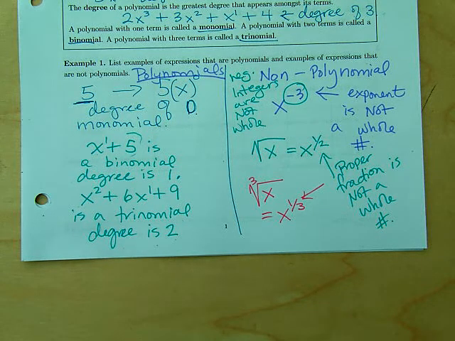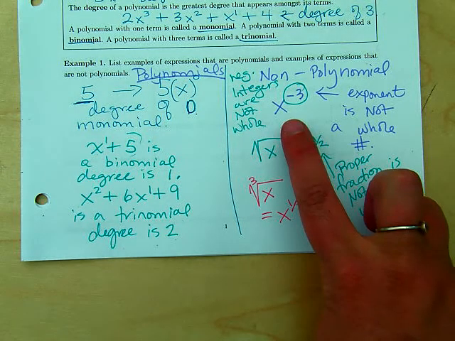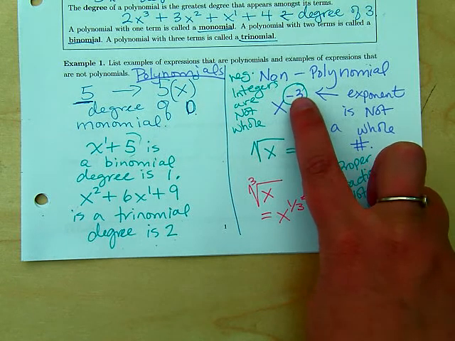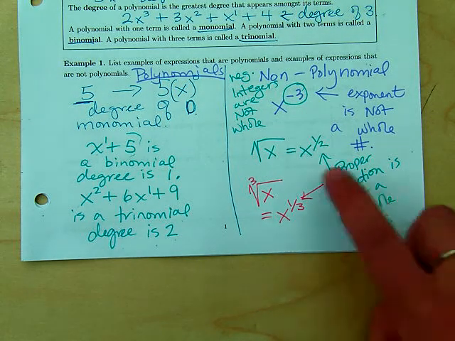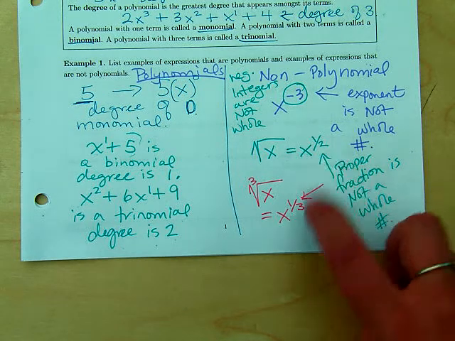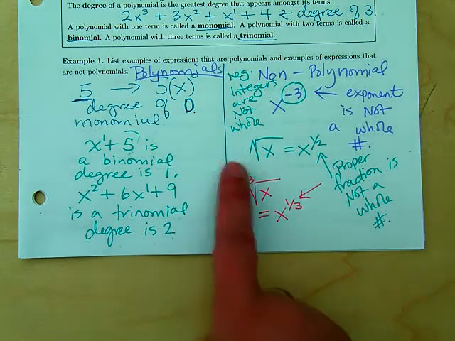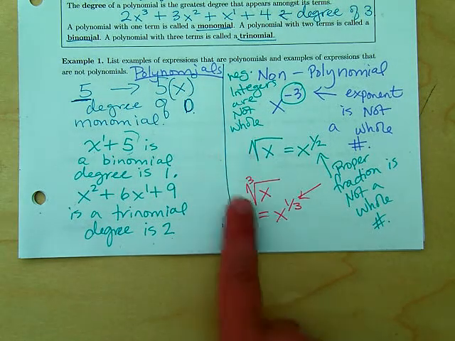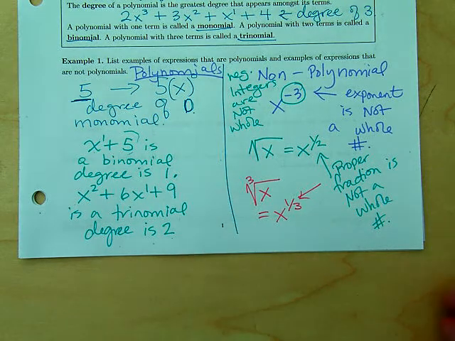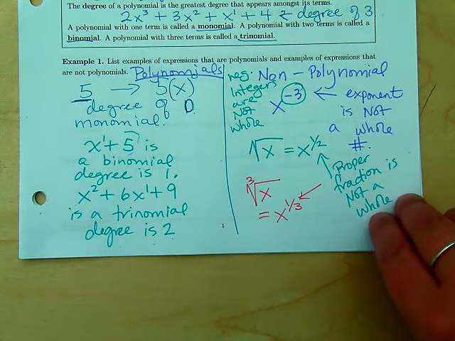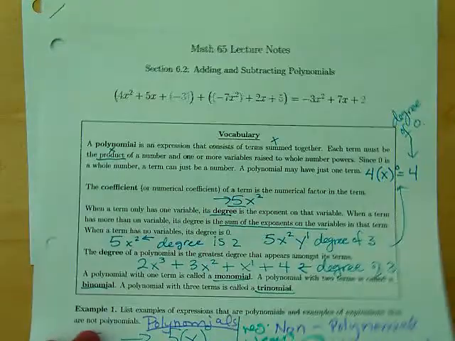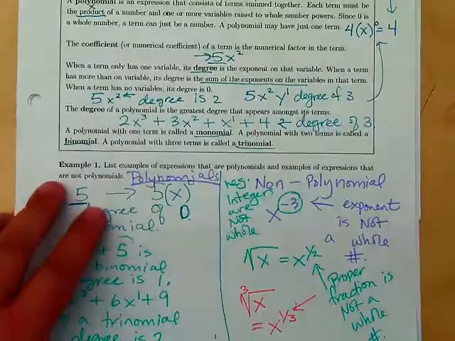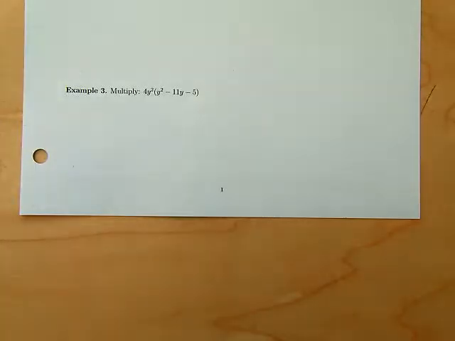You don't want to see x's in the denominator, because that would make it not whole since it has a negative exponent. And you don't want to see fraction exponents. That is where the square root and the cube root come from. We'll come back to that sometime, probably Math 95, and you'll remember, oh yeah, she's talking about fraction exponents. Just make sure that your exponents are whole numbers.